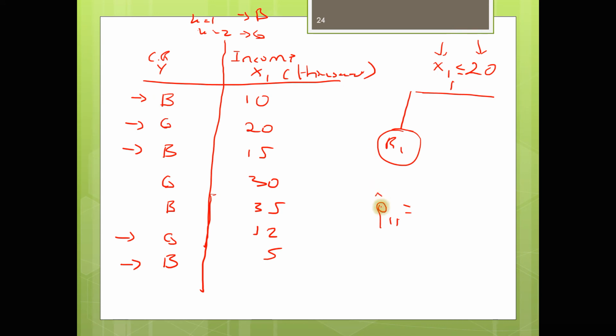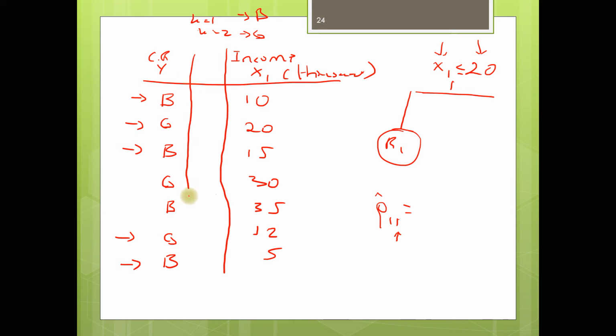So if I'm referring to k equal to 1, my indicator function here would return 1 for k equal to 1 and 0 for k equal to something else.